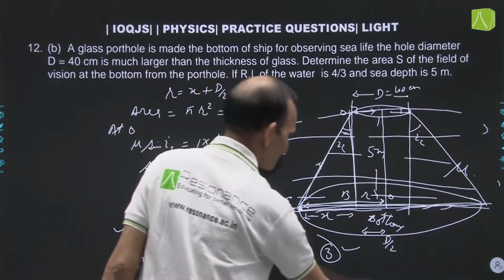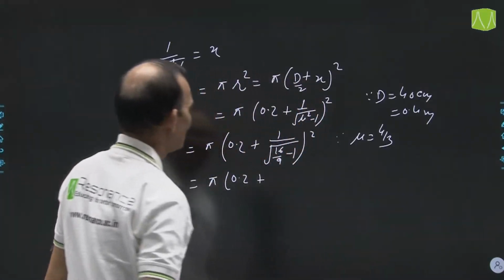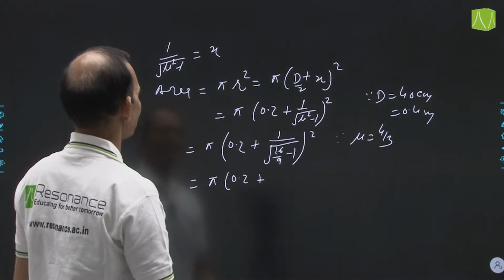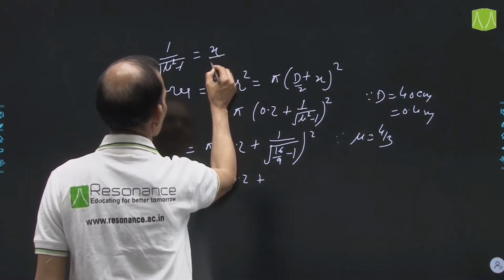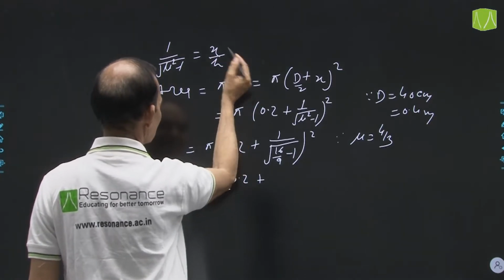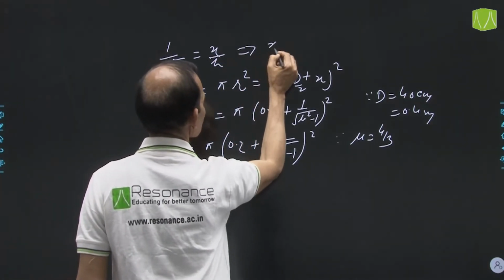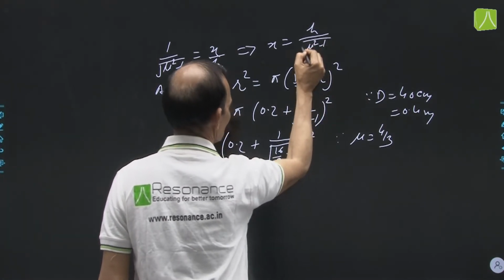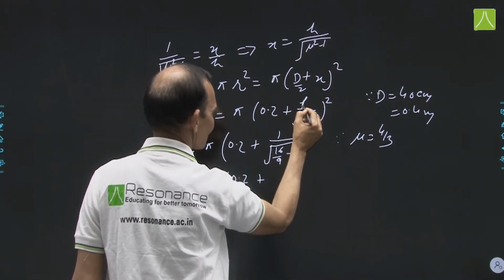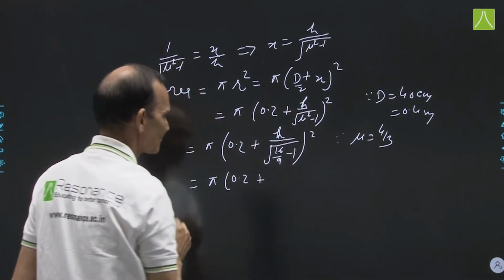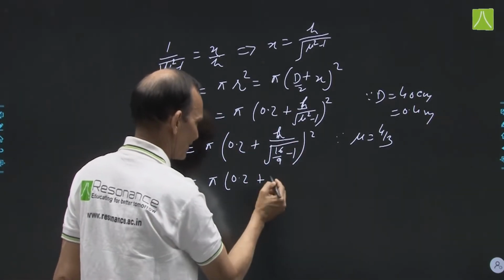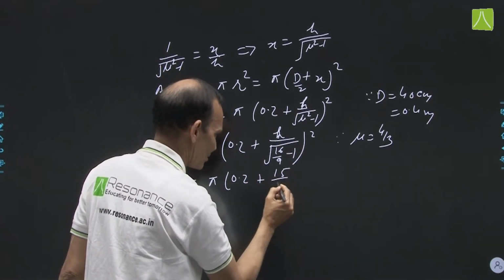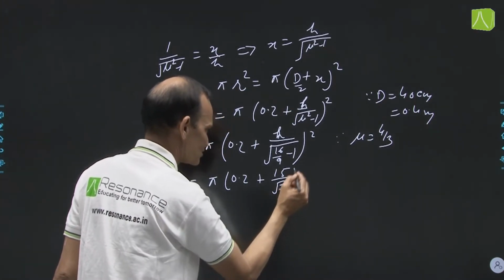So there will be x upon h. We can find the value of h. What is the value of x? H upon root of mu square minus 1. H is 5 meter. That is 5 into 3, that is 15 by root 7, whole square.